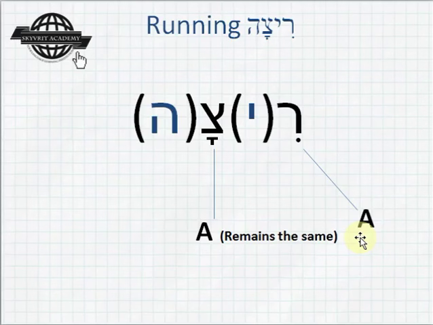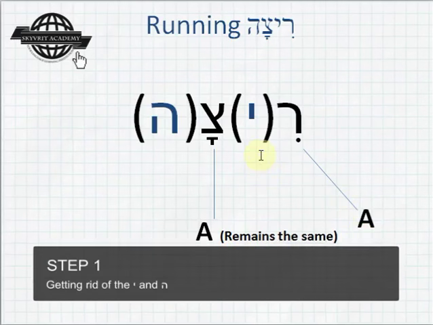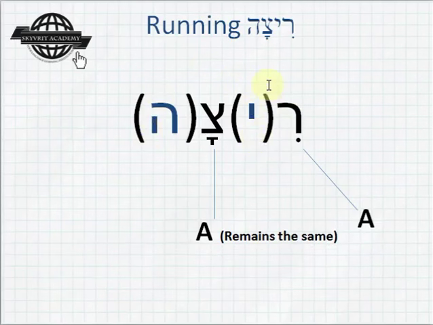Perfect. Step number 1 is we need to get rid of these two letters, yud and hey. Why? Because we want to get rid of the letters that literally identified this word as a noun.